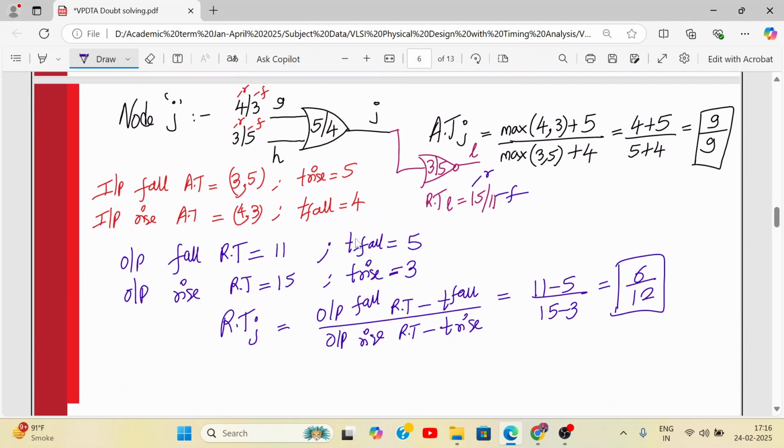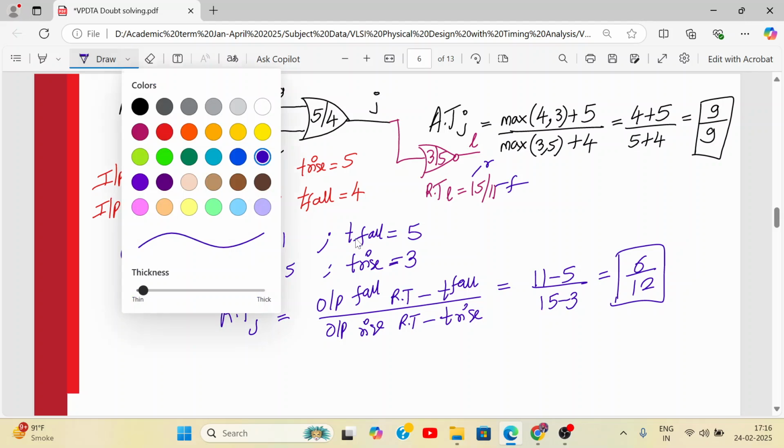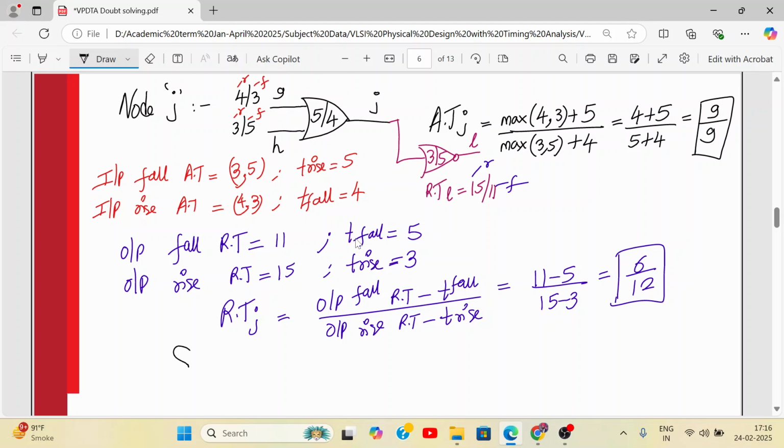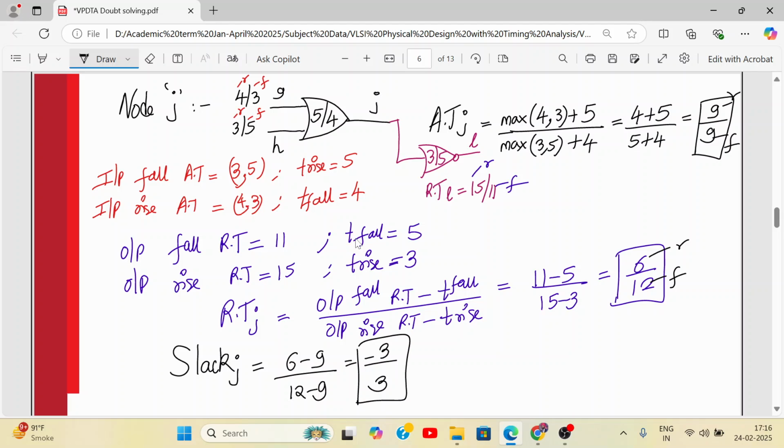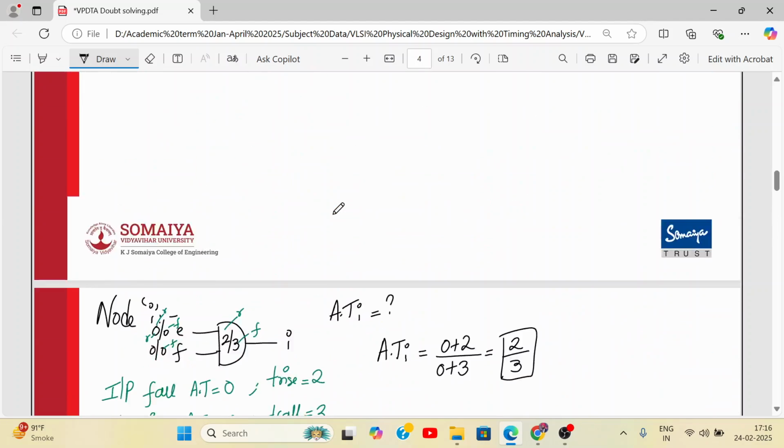Yeah, let's calculate it. Slack at node J will be return time minus arrival time. So this is R, this is F, R, F. So it will be 6 minus 9 upon 12 minus 9. So it will be minus 3 upon 3. So it's different. So let us write this information: arrival time, return time, and slack in the main diagram.